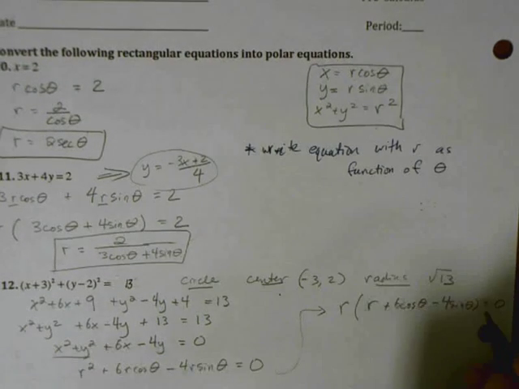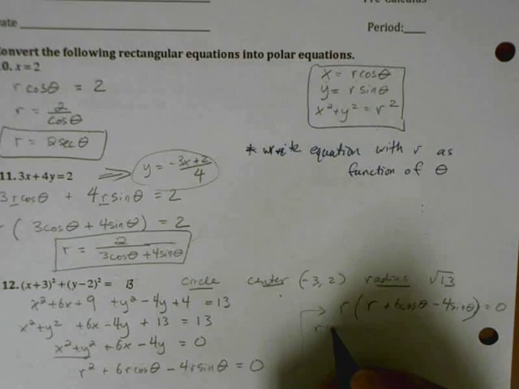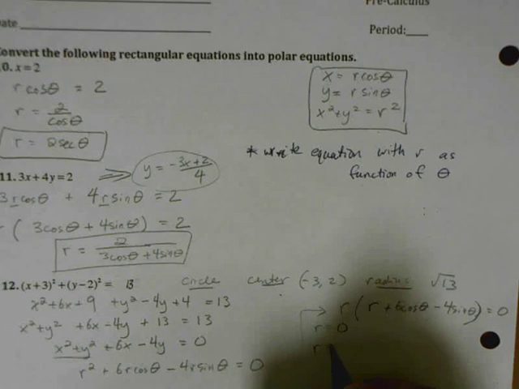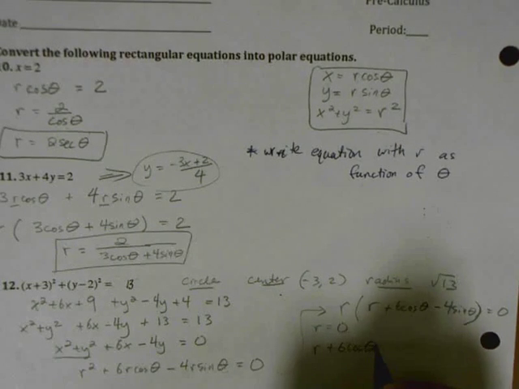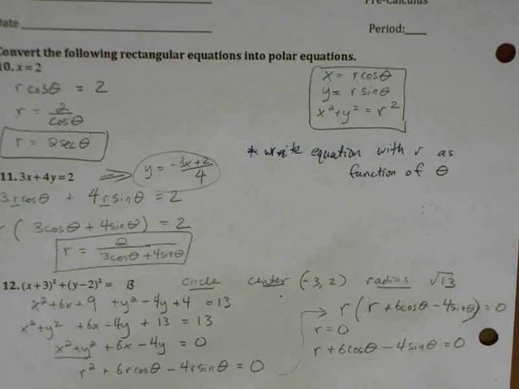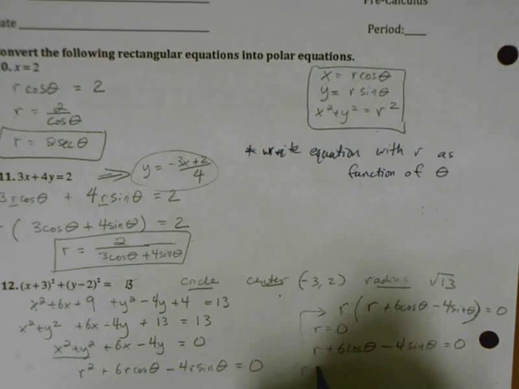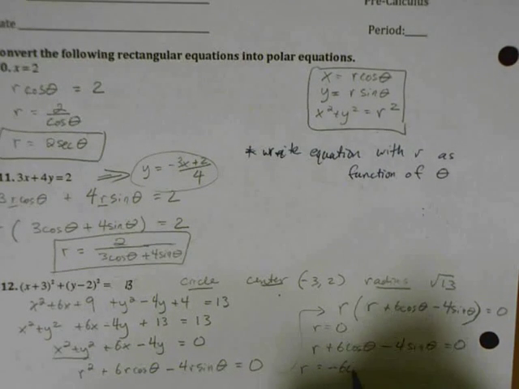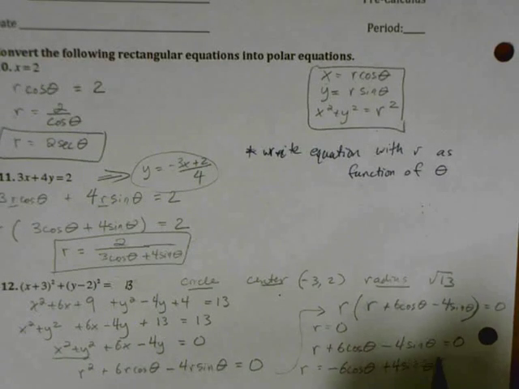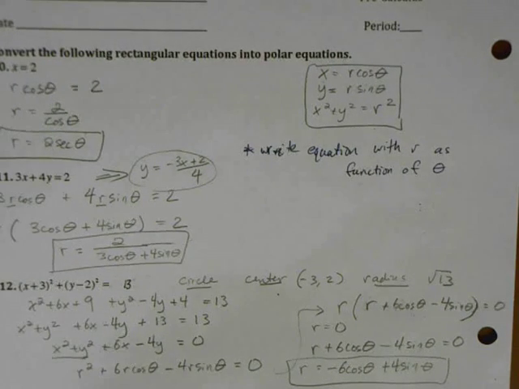Using the zero product property, this gives me two different equations: r equals 0, which is basically just a dot at the origin, and r plus 6 cosine theta minus 4 sine theta equals 0. Then I move everything to the other side in order to get r by itself. So r equals negative 6 cosine theta plus 4 sine theta. Once you get r as a function of theta, you know that you're done with this equation.